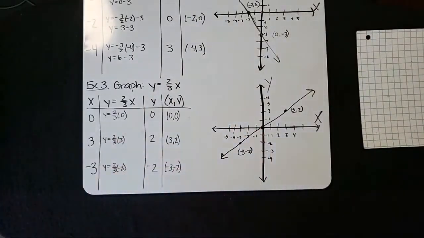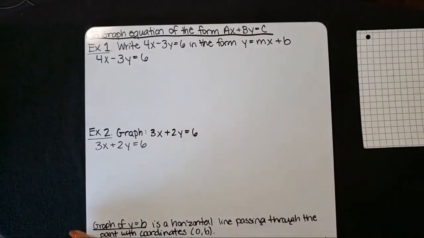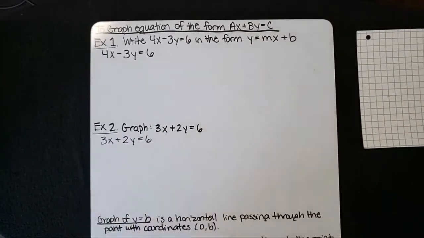Now we're going to graph with the form ax plus by equals c. So with this form, we can change it to be in the form y equals mx plus b, and we're going to explore that first.